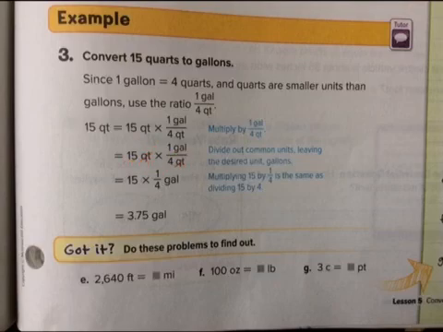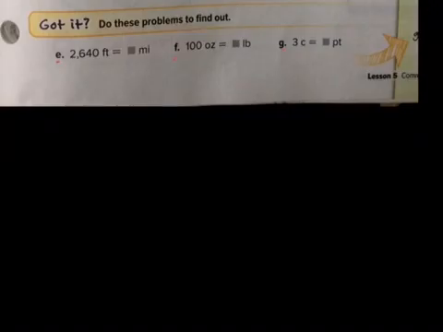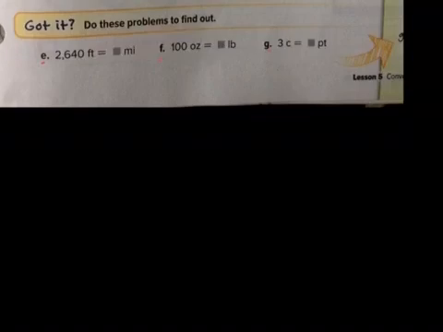And now I'm just multiplying 15 times 1/4, and you get 3.75 gallons. Or the mixed number will be 3 3/4 of a gallon. Okay, go ahead and try E, F, and G. Give it a try. Let me do F so that you can see how it's done, and you try E and G.